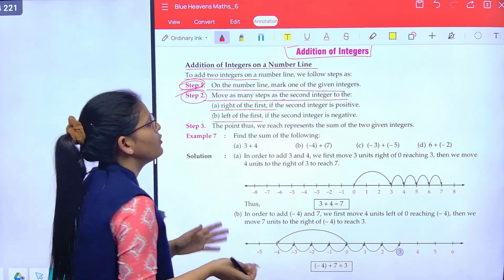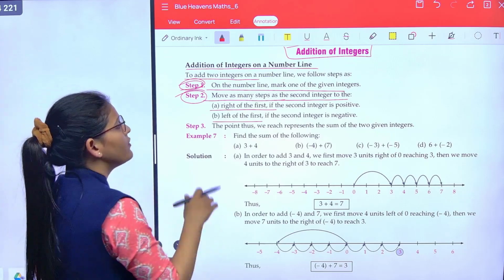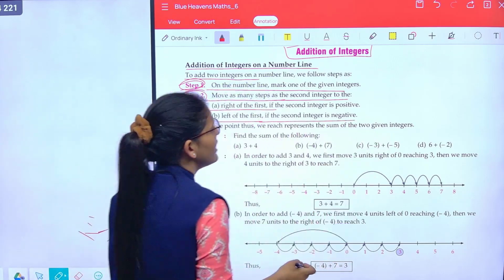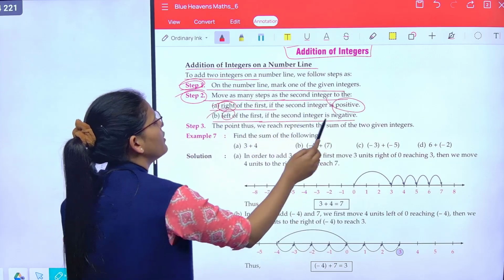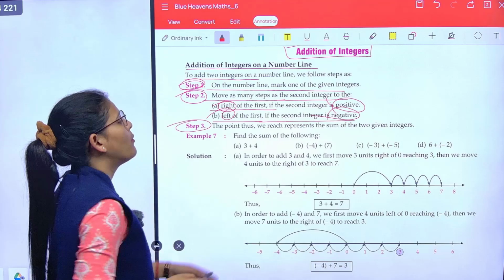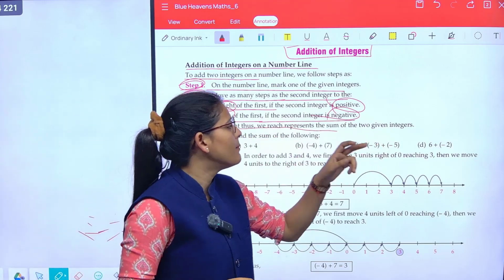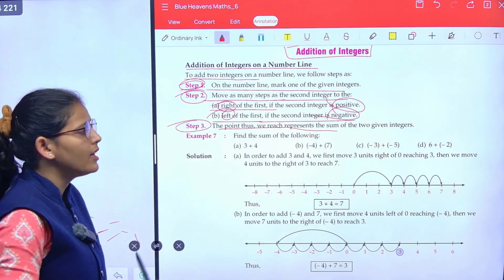Now left of the first if the second integer is negative. राइट कब करेंगे? या तो वो पॉजिटिव होगा, लेफ्ट करेंगे तब वो नेगेटिव. Step 3, the point thus we reach represents the sum of the two given integers.